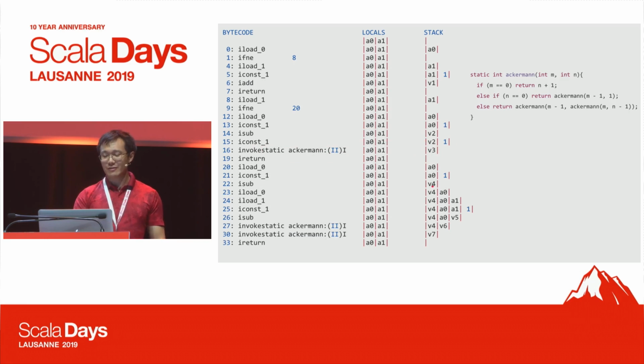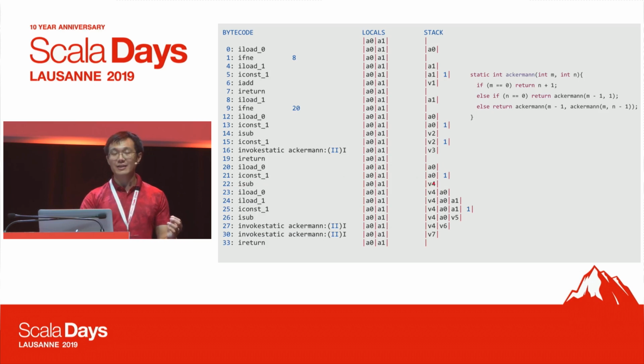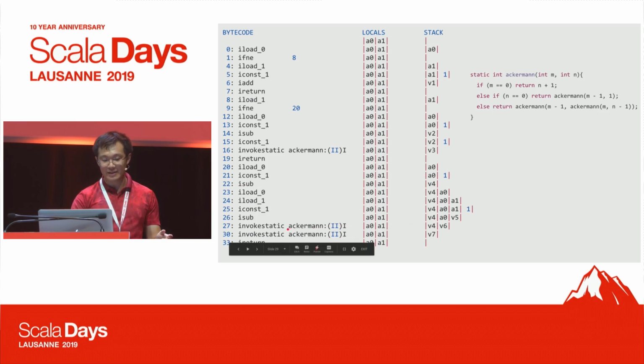These abstract variables, as they're called, being moved on and off the stack, basically form a set of edges between the node which constructs the abstract variable, for example, node 22 I sub constructs v4, and the node which consumes the abstract variable. In this case, I believe this one would be number 27, no, wrong, number 30, invoke static. So if you follow these nodes along the virtual stack, you basically end up with a graph of where the values come from and go to, and that is your data flow graph.